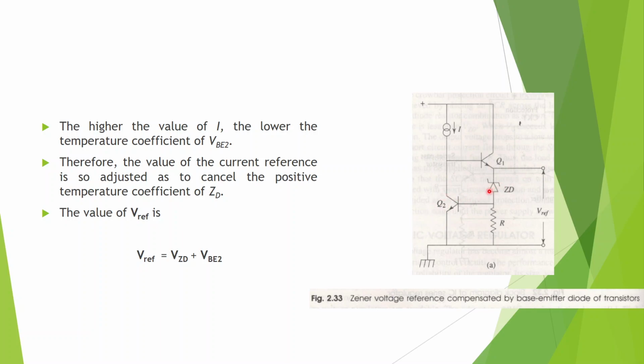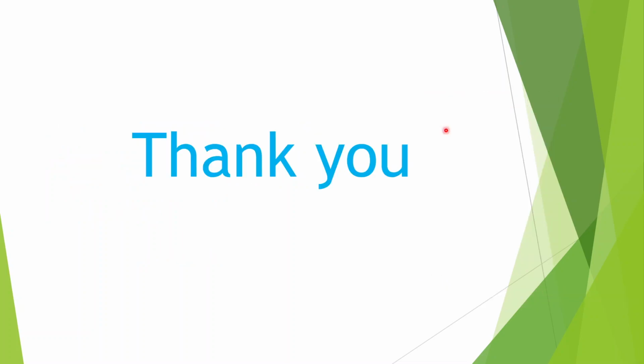So the effect of a change in temperature will cancel out from each other. So your reference voltage, which is equal to VZ plus VBE, remains constant because both of them have opposite temperature coefficients, and this is adjusted by this constant current source.